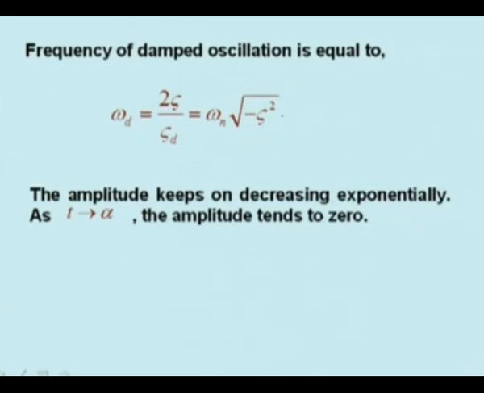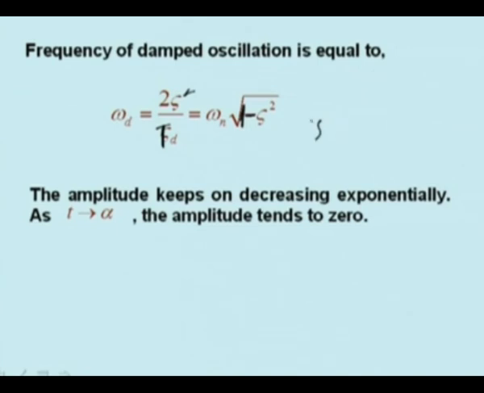Now the frequency of damped oscillation is omega d, which is equal to 2 pi divided by Td. That is omega n times the square root of 1 minus zeta square. Not tau, this is basically zeta.